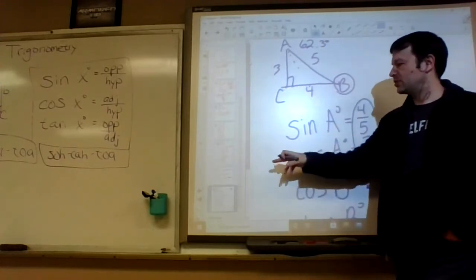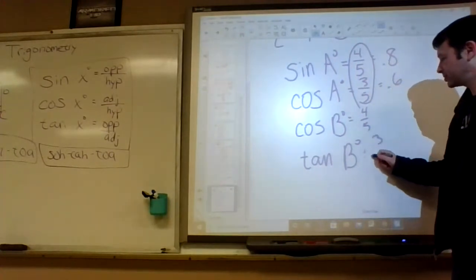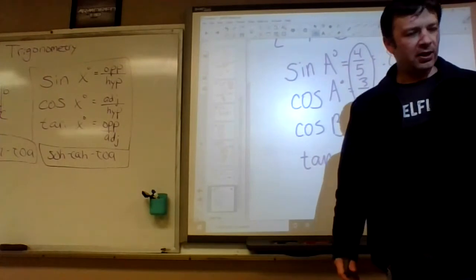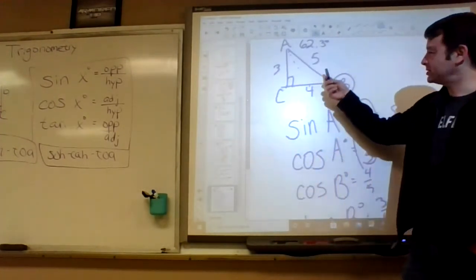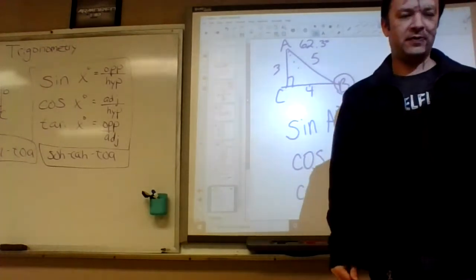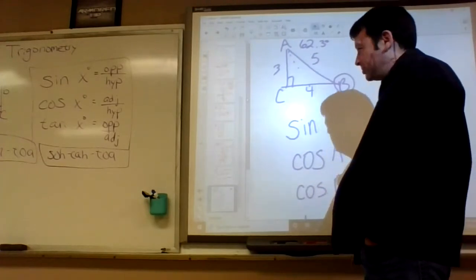It's 4. So this would be 3/4. There is a way to use trig to find the angles if you know the sides, but that's not today's lesson. If I teach it today, our minds will probably melt because there's too much info already.